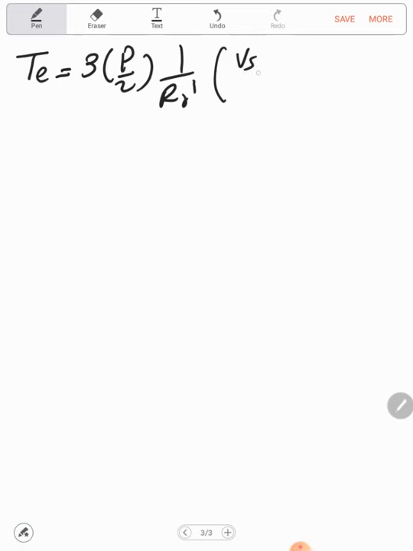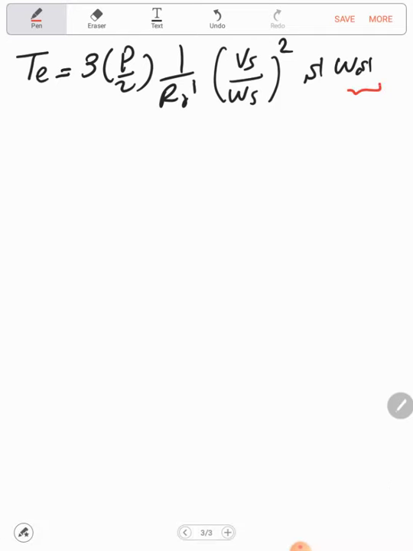So simply, this means that Te is equal to 3P over 2 times 1 over Rr' times (Vs over omega s) all squared times s omega s.